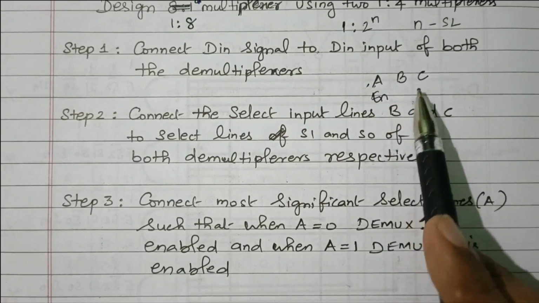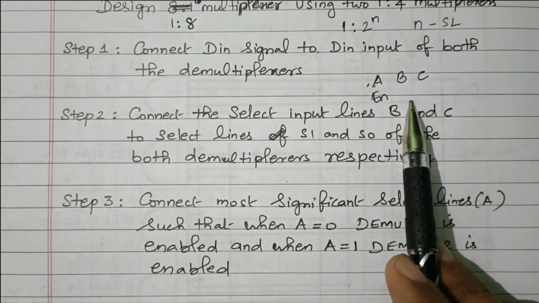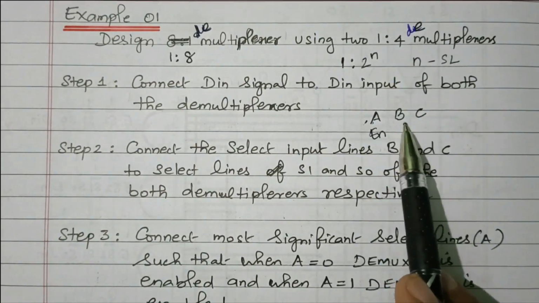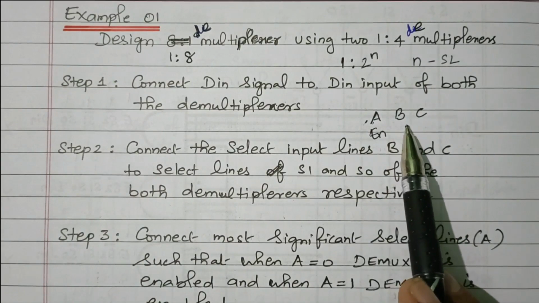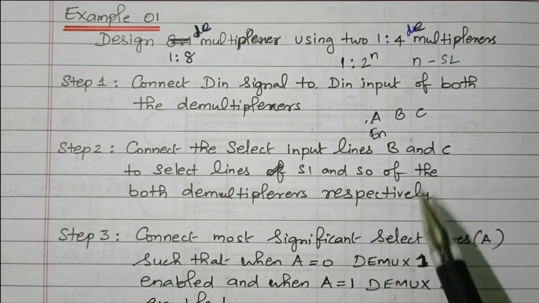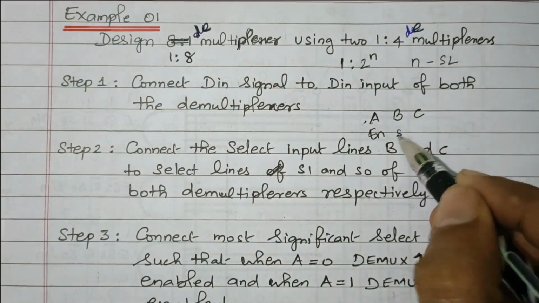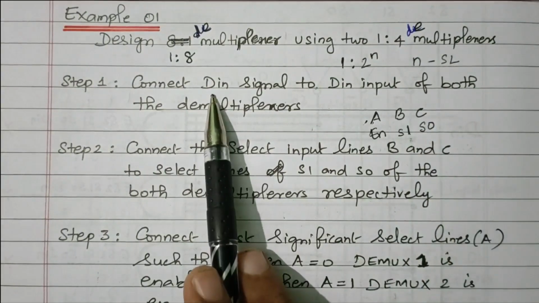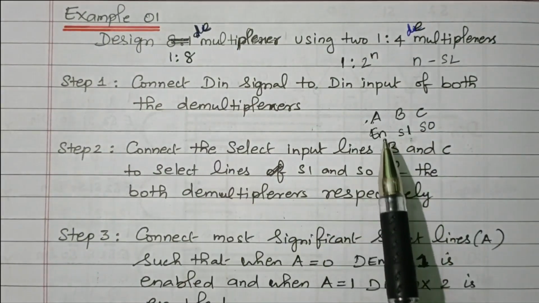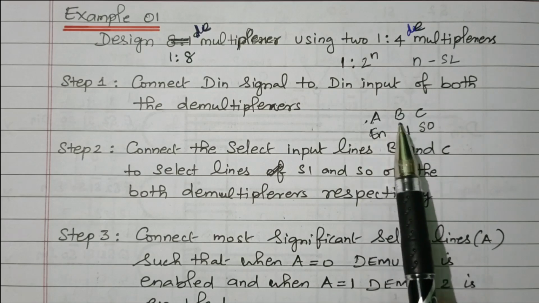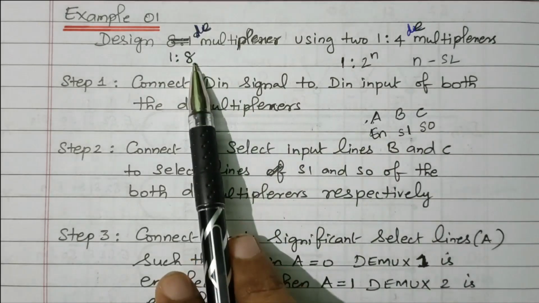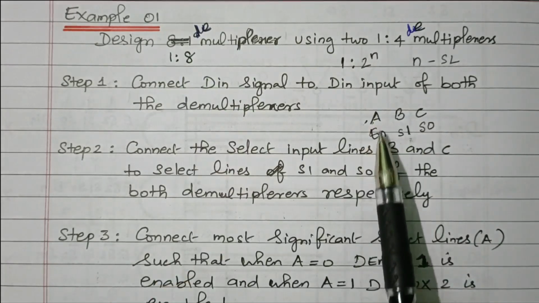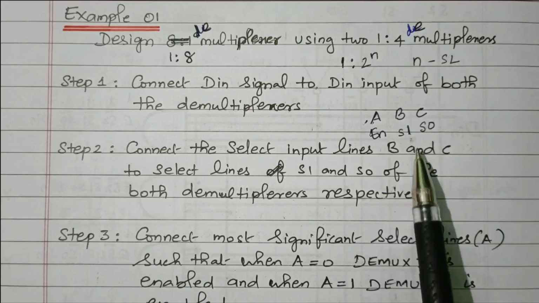So the signal A is used for enabling the demultiplexer. Then B and C are used for selection lines. For a 1:4 demultiplexer, we need only 2 selection lines. So B and C are used for the selection lines of both the demultiplexers. For example, B used as S1 and C used as S0, right? Among A, B, C, the three signals in 1:8, the most significant bit is used for enabling the demultiplexer.